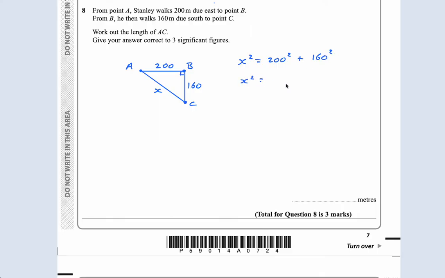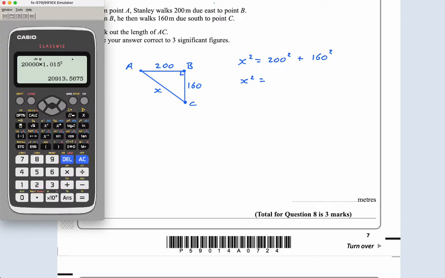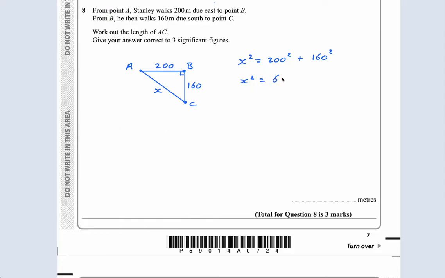You can do this in one step if you want, guys, but I'll just do 2 steps. 200 squared plus 160 squared is 65600.